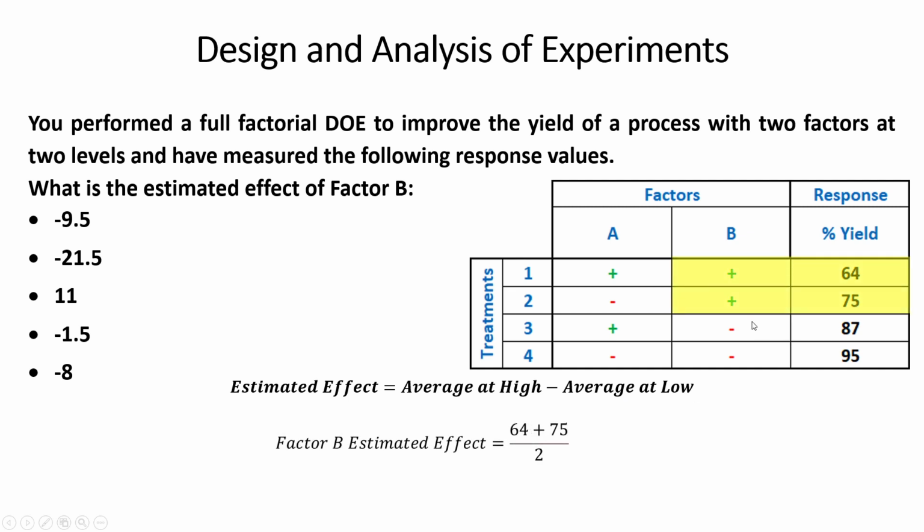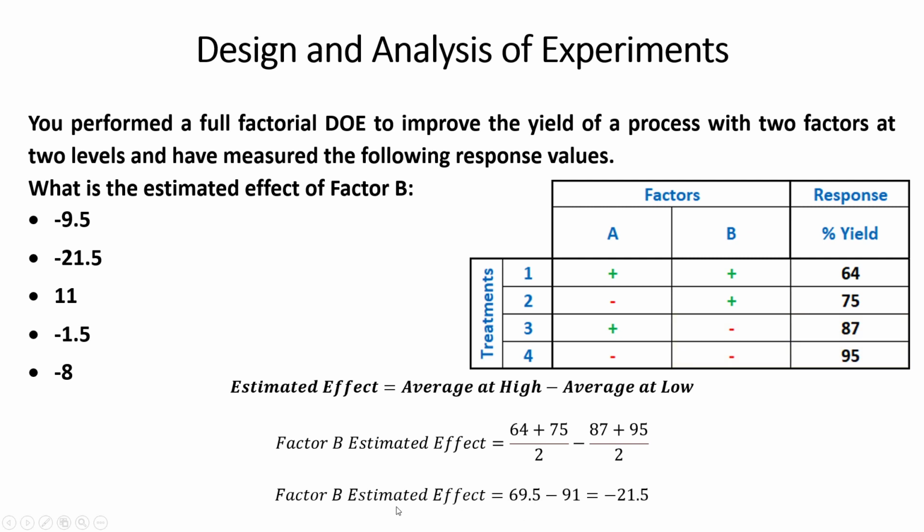So what does that mean? How do we do that? So for factor B specifically, the first two treatments have factor B at a high. And so what we do is we take the average value of 64 and 75, and then we have to take the difference of that against the average at the lows. So for factor B, we have lows in treatment groups 3 and 4, and those have yields of 87 and 95.